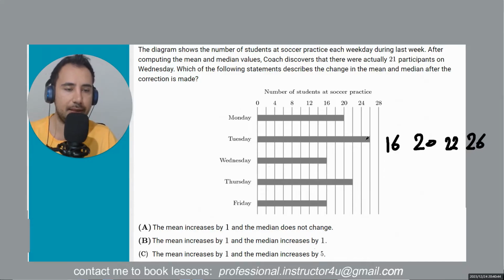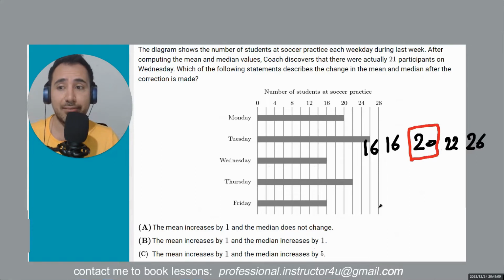And Friday is 16. Don't calculate the average, the mean. We don't need it. Now just tell me, what is the median? The median is 20. What is the average? Don't calculate it.